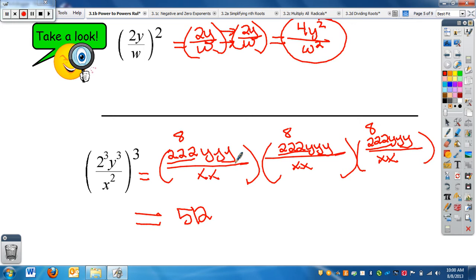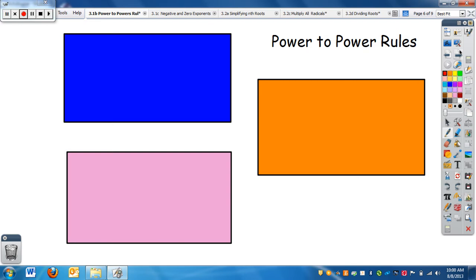Alright, and then look how many y's I have. I have a total of 9 y's in the numerator, and I have a total of 6 x's in the denominator. So we have the power to a power rule, and there's kind of 3 different ways you can look at it, but the rule applies. Hopefully you've noticed what's been happening with the exponents.